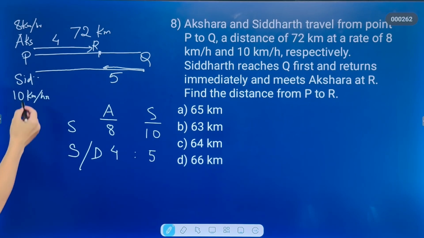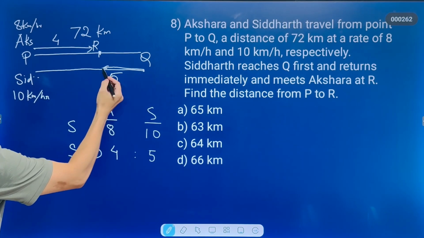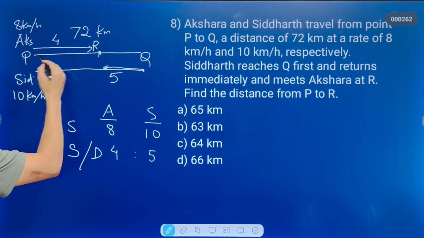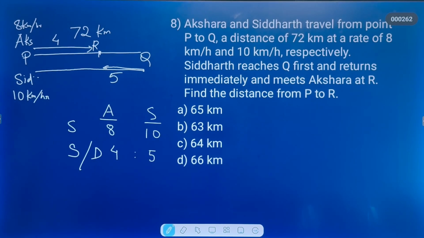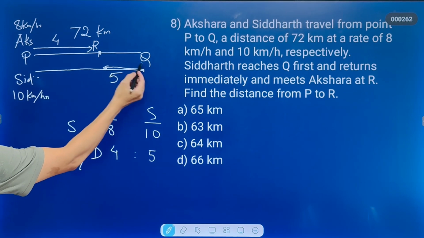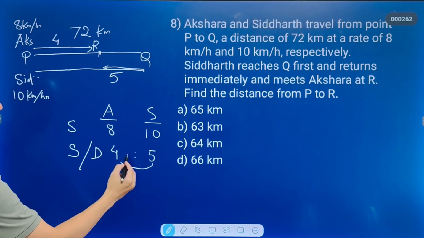Now the total of 4 plus 5 is PR plus PQ plus RQ, which is equal to 9.